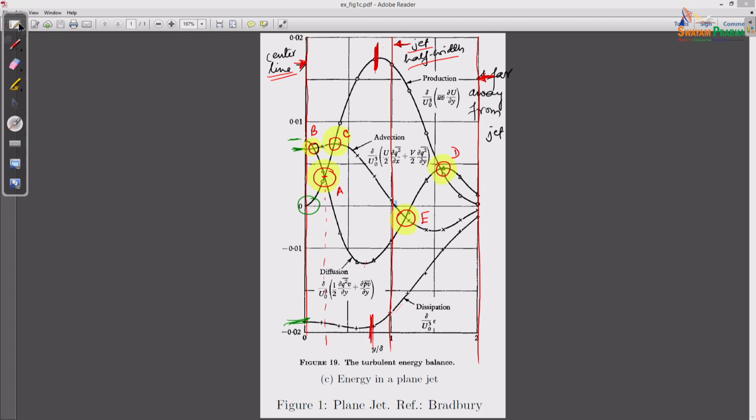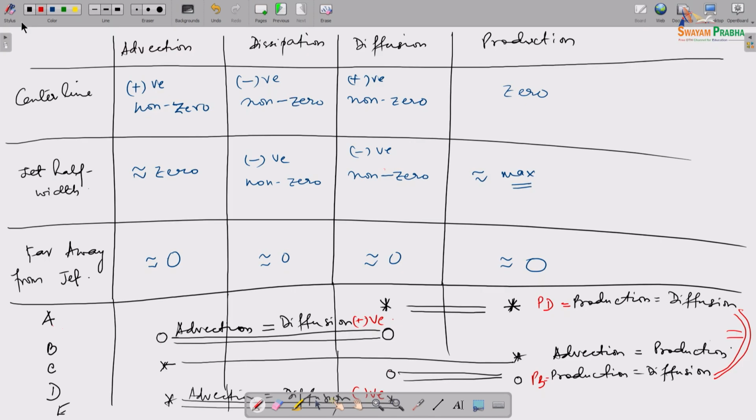Okay, so we will have to stop here because I don't want to start something new. So this is the energy exchange.